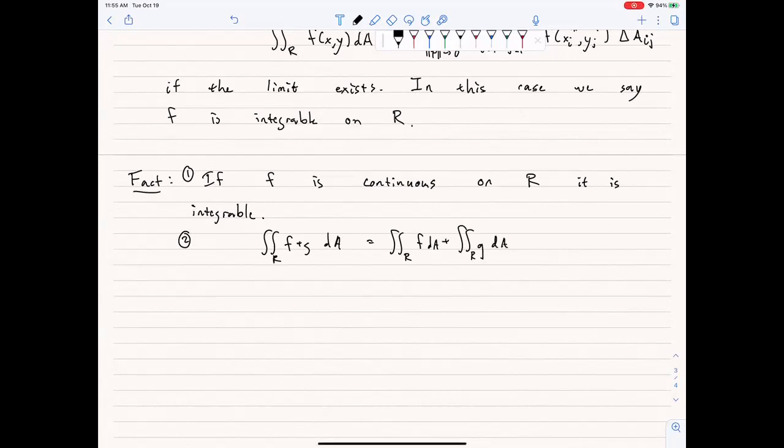And similarly, if you take a constant times a function, c times f(x,y), where c is a constant, or scalar if you want, you can pull the constant out. You don't have to make any changes there. All of these things are not hard to show from just the fact that these things work for limits.